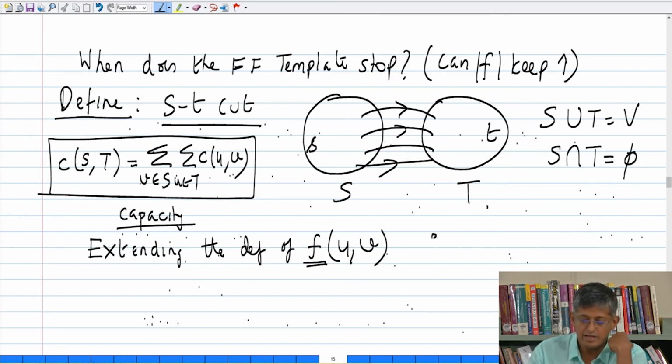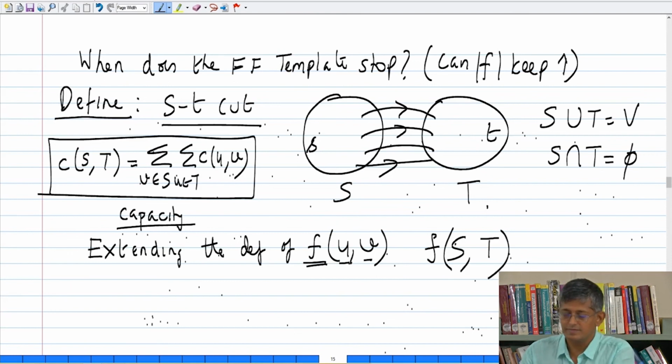I am going to use the same notation f. In this case, u and v are two vertices, uv is an edge and the value of the flow has been given there. I am going to extend the definition of f and I am going to call it f of S comma T. Can somebody guess what this is going to be?